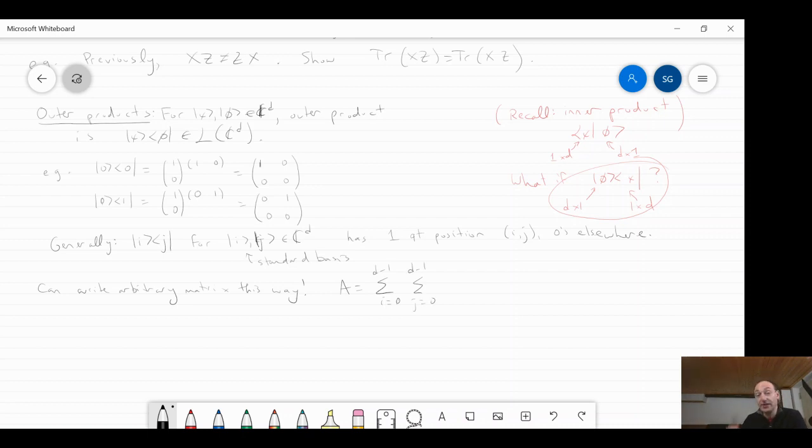And at each entry of the matrix ij, if I index the rows and columns starting at 0, then what am I going to get? Well, you tell me first the entry at that position. And how do I insert it into the right slot? Well, I just want to put down a matrix which has a 1 only at position ij and 0s elsewhere. And that's nothing other than this outer product between standard basis vector i and standard basis vector j. Okay, so ta-da, A can be gigantic, but if you have a nice closed form expression for the entries of A, you could always write it in this very compact form.